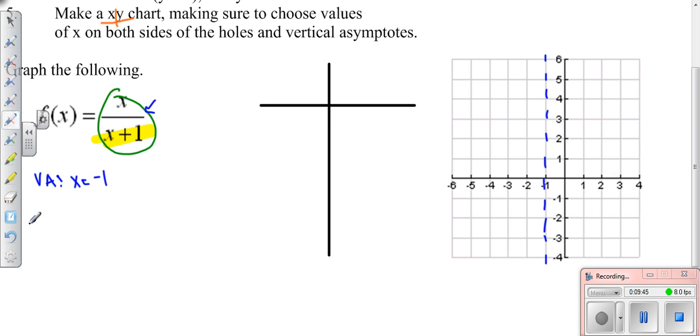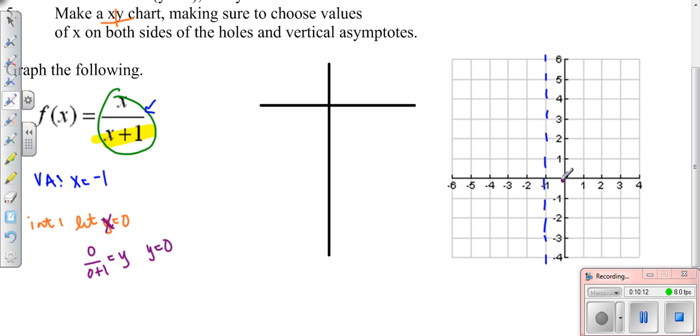So now to find my intercepts. Let's say x equals 0. First of all, I get 0 over 0 plus 1, which means that's going to be my y value, which means y is 0.